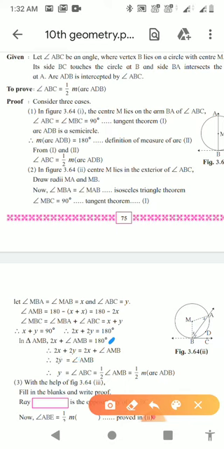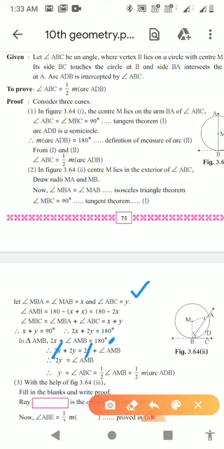Therefore 2x gets cancelled out, isn't it? And I will get 2y equal to angle AMB, or y equal to half of AMB. Now y is your assumed angle ABC. So I can write angle ABC equal to half of angle AMB.